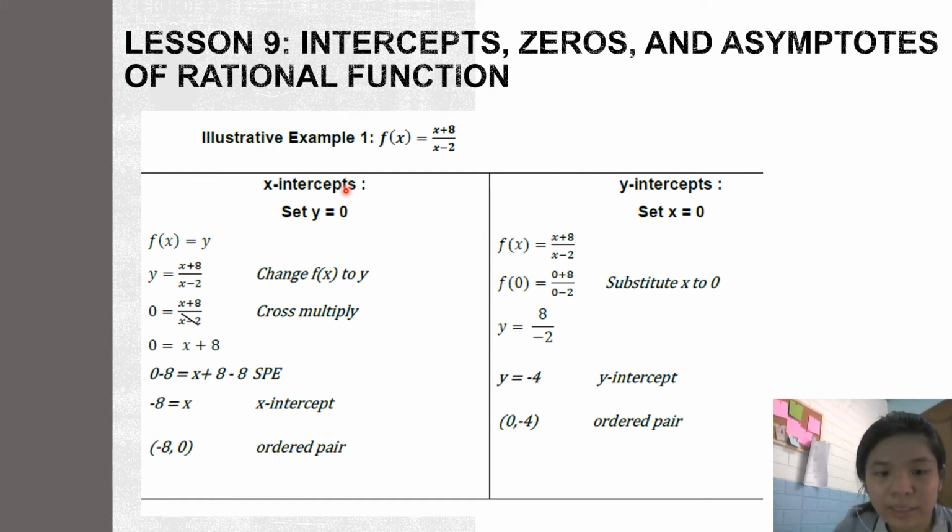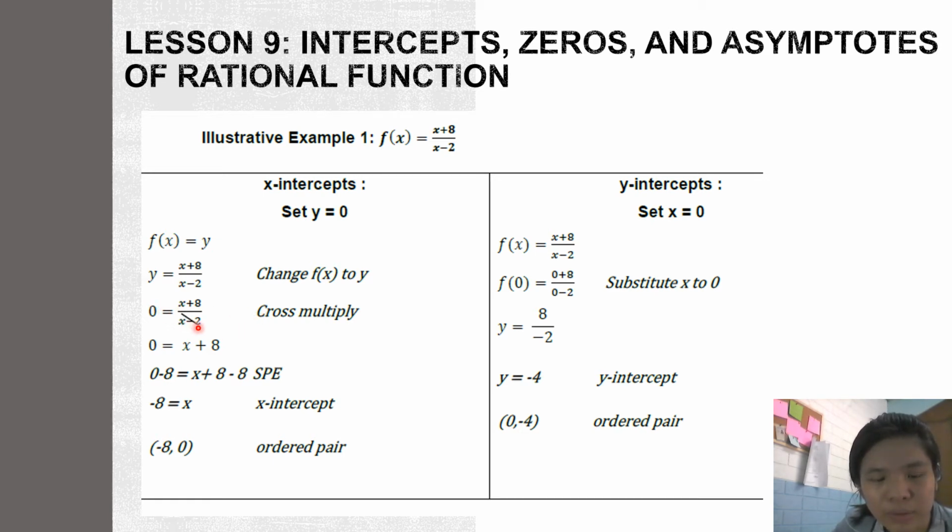So x-intercept, sabi nga natin kanina, x-intercept is the value of x when y is 0. Therefore, we substitute y as 0. So we have f of x equals y, wherein y is equal to, substitute the f of x, which is x plus 8 over x minus 2. Yan. And then, we cross multiply.